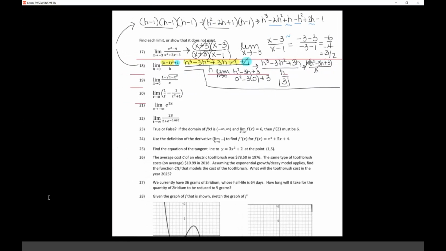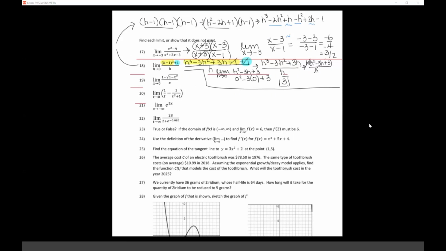We have the same type of limit. How would I do 20? You're really working your algebra muscles today. How would I do 20? Can I just plug in t equals 0? Yes. So that would give me 1 over 0 minus 1 over 0 plus 0.